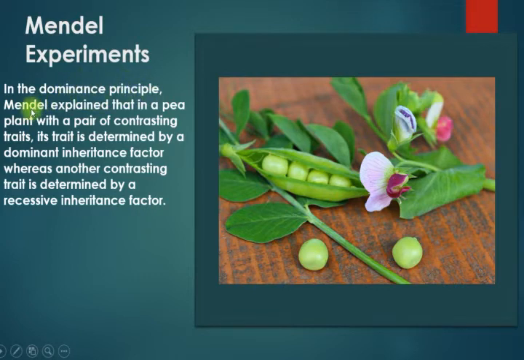So what Mendel explained is that in a pea plant that has a pair of contrasting traits, the trait is determined by a dominant factor. For example, I choose the characteristic of the height of the plant, and the traits are tall and dwarf.